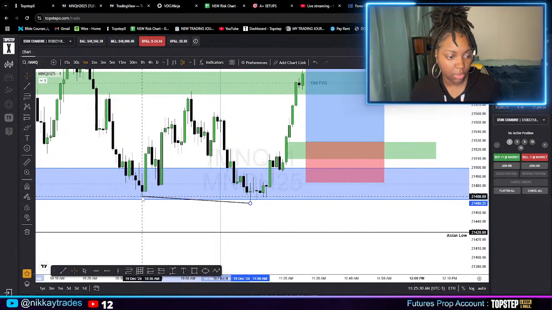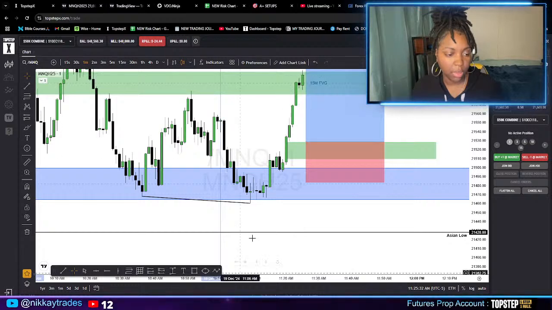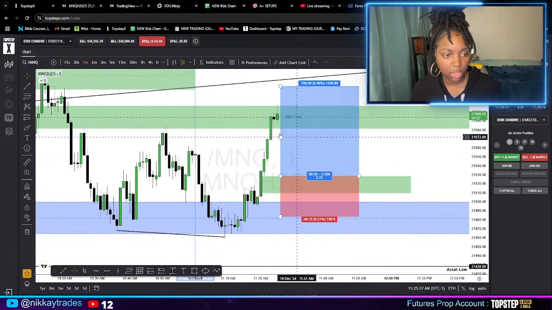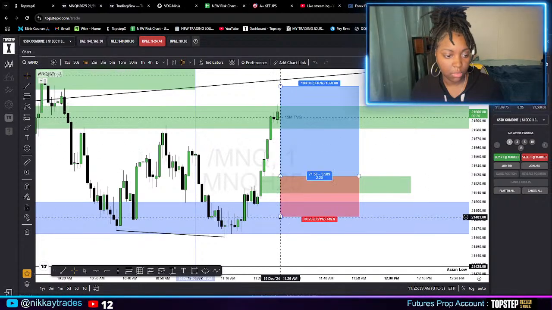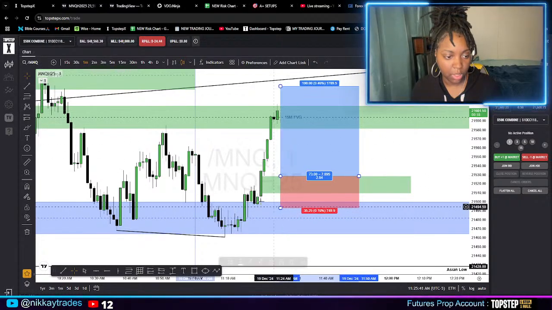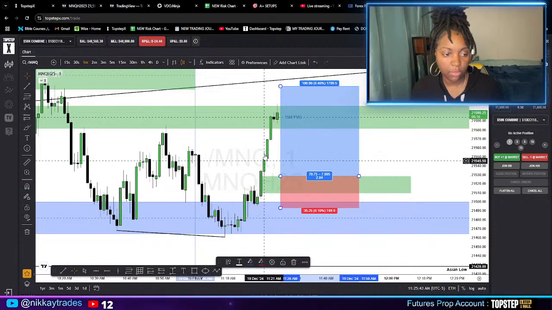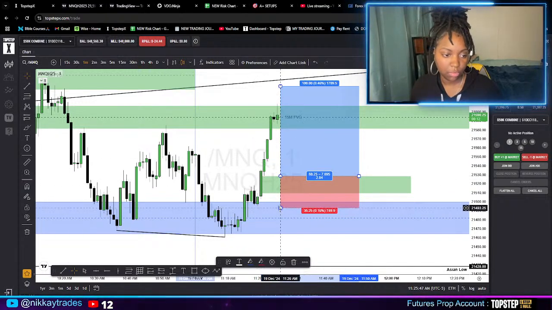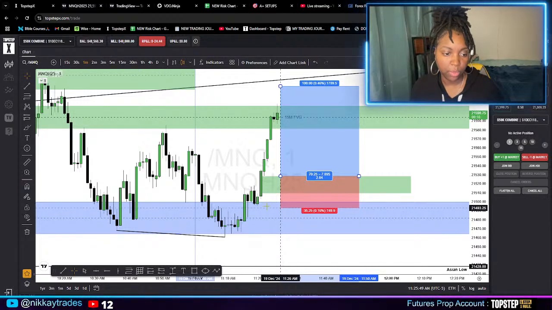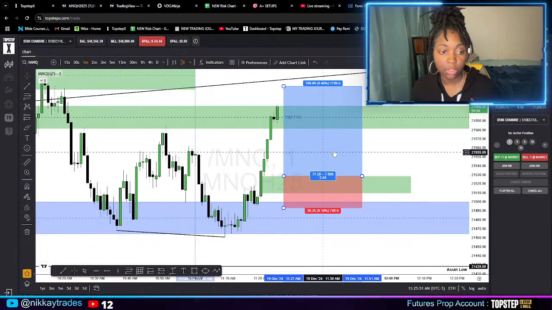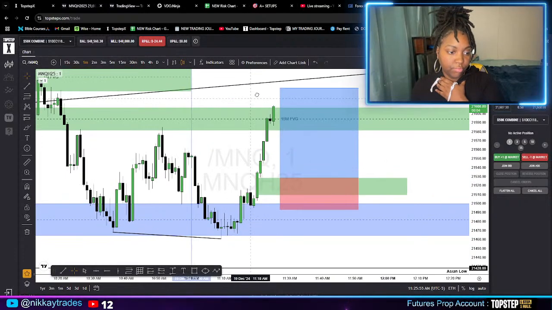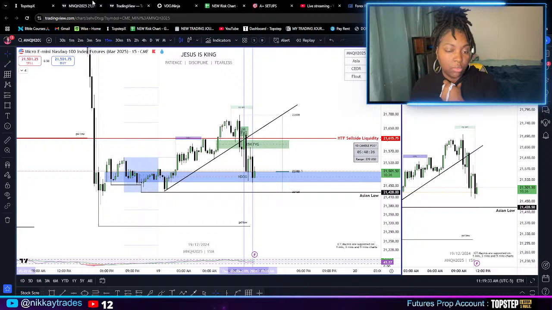I see a little SMT right here, and it can possibly come back down and tap into this. My stop loss can really be this 3 formation fair value gap that I was talking about. So I would only be risking like 35 ticks, but I don't know, bro. That's just what I see right now.